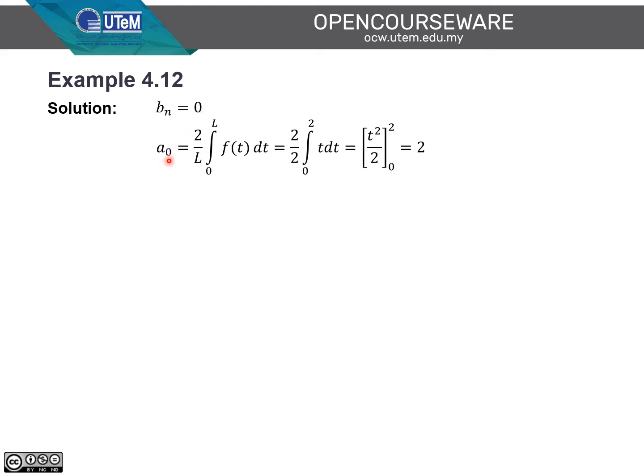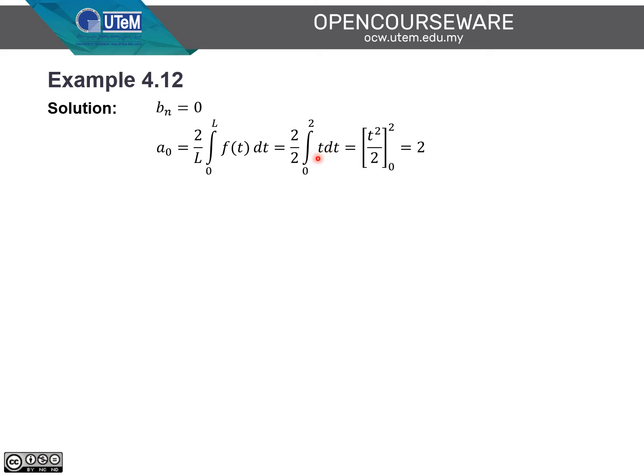The next step is to find the Fourier coefficient A0, and this is the formula of A0. Substitute L equals 2 and the function f(t) equals t into the formula and solve the integration.